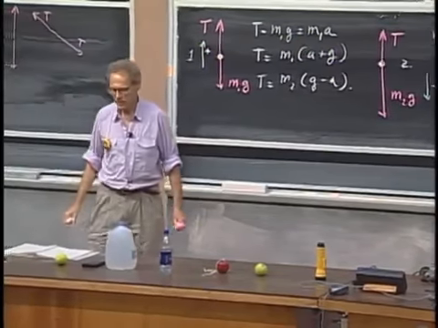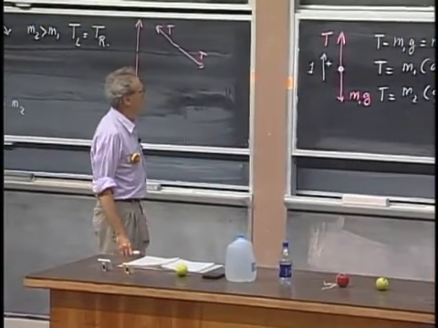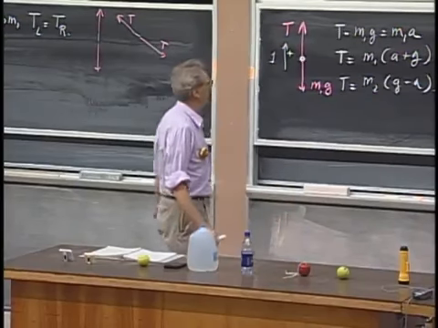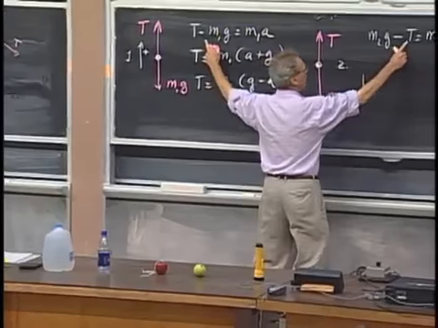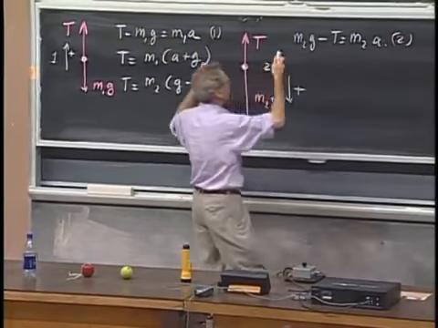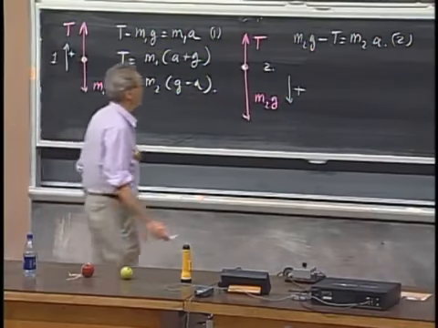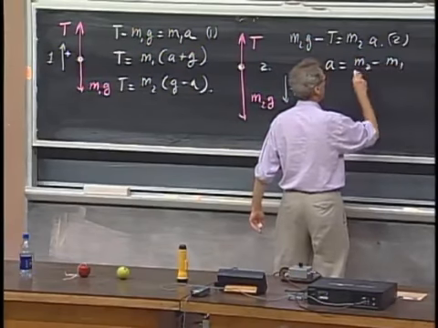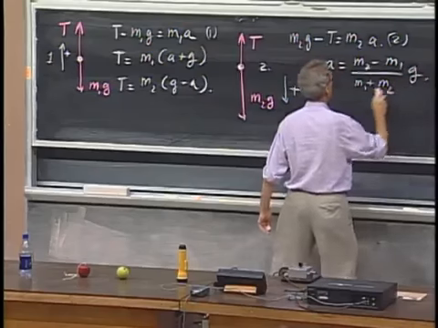Two equations with two unknowns. Well, that shouldn't be so hard to solve these two equations. You can immediately eliminate T, by the way. If you add this one with this one, I call this equation 1, and you call this equation 2, you immediately lose your T, and you get that the acceleration a equals m2 minus m1 divided by m1 plus m2 times g.